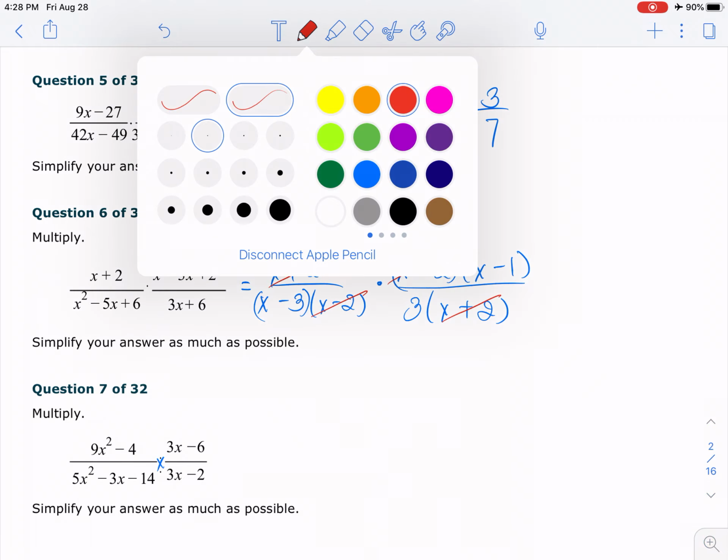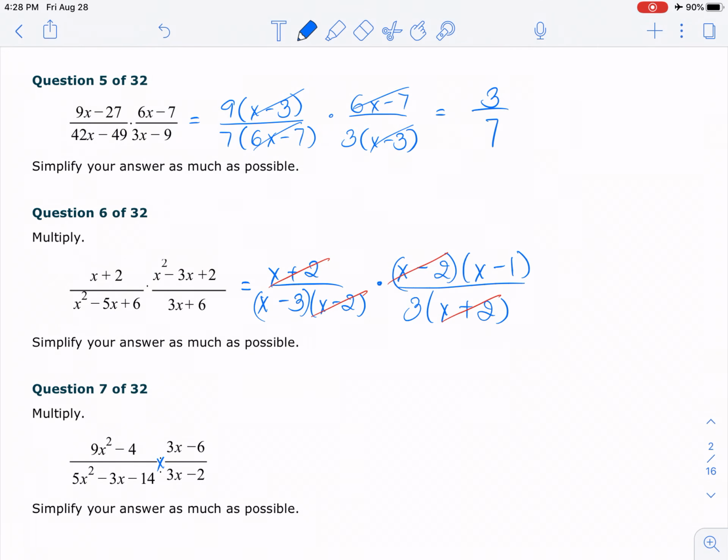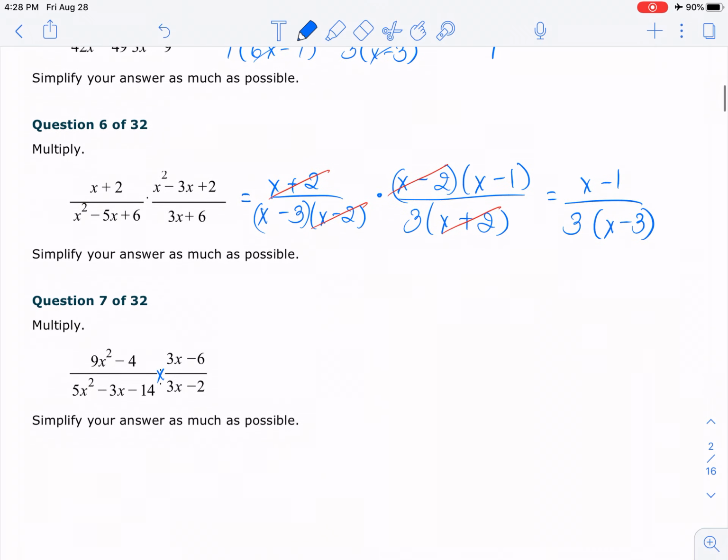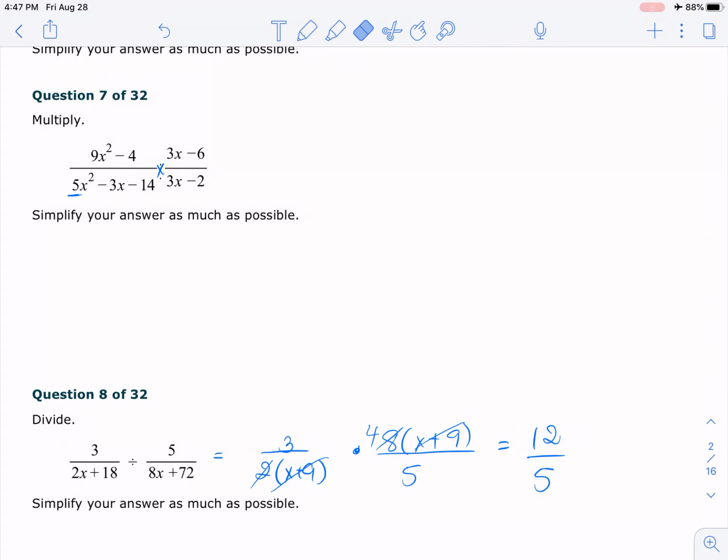So my final answer is going to be x minus 1 over, don't forget the constant. I tend to forget the constant when I try to simplify any rational problems.